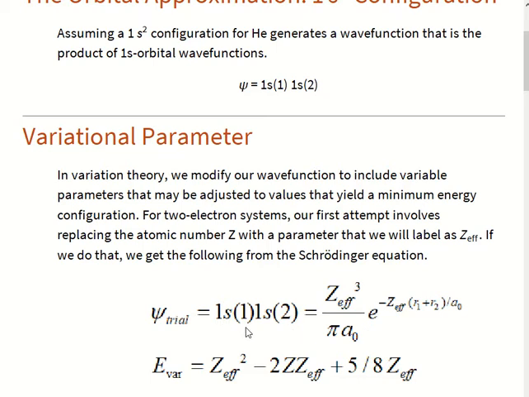And again, here we have the product of 2 1s orbital wave functions, and that's why we have here in the exponent r1 plus r2. r1 would correspond to the coordinates of electron 1, r2 corresponds to the coordinates of electron 2. So this would be our trial wave function that we're going to start with for the 1s2 electron configuration.